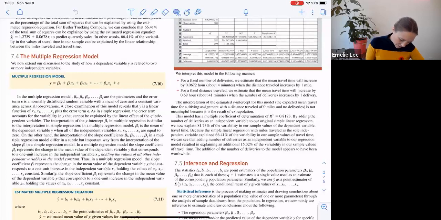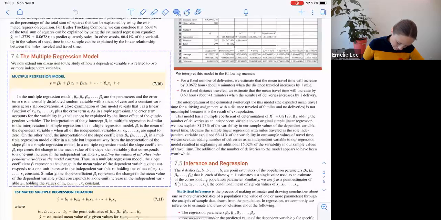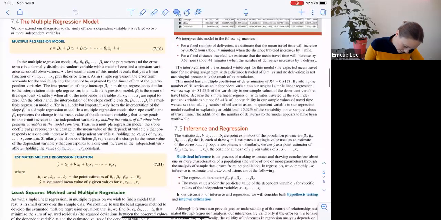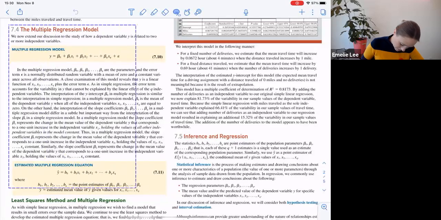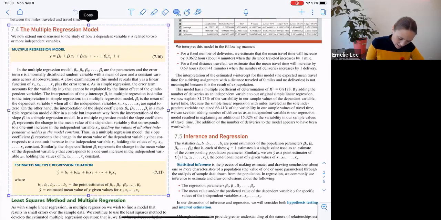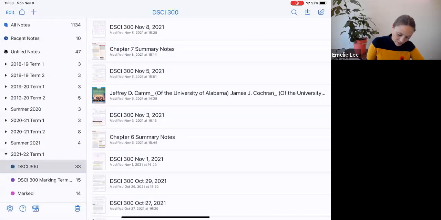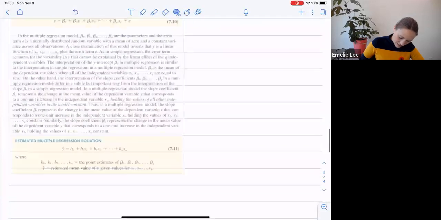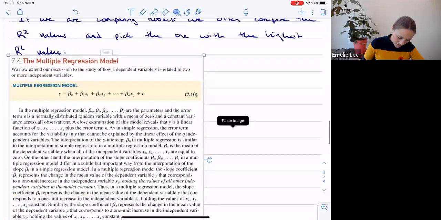So if we talk about the multiple regression model, maybe what I'll do is I'll try to keep all of this together. I know there's a lot of text here, and I'm sorry about that, but I'll try to highlight the key components here.